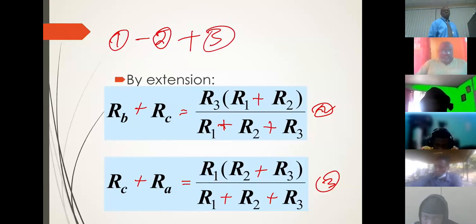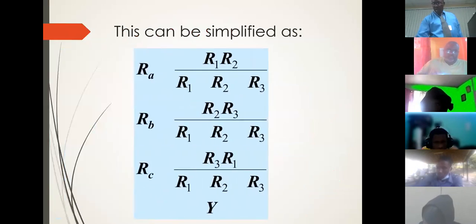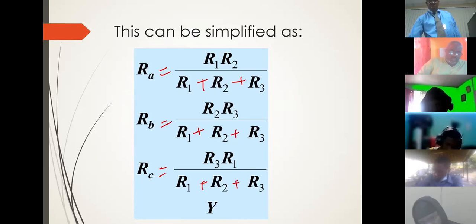All right? So if you're interested, you can do that. Subtract 1 from 2 and then add it to 3. If you did that, then you'll get this. RA is equal to R1 R2 over R1 plus R2 plus R3. RB, R2 R3 over R1 plus R2 plus R3.